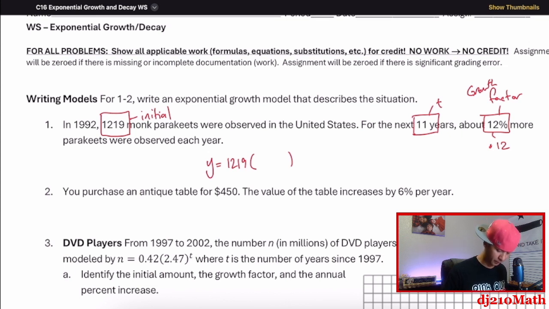It has to be bigger than 1. 1.12, and then t, right? t being 11 years. So now, if I want to figure out what it would be for 11 years, we can put 11 in for t. And really, we want any number of years after 1992. It would just go in for t. So this would be the model.